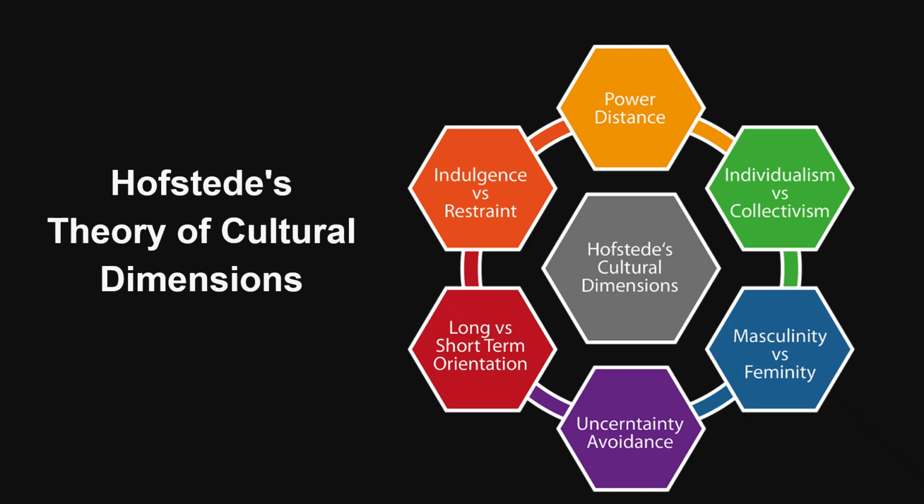So that's power distance. Moving around that infographic, the next dimension we'll look at is individualism versus collectivism, or called IDV. So this is the degree to which individuals are integrated into groups or acting individually.